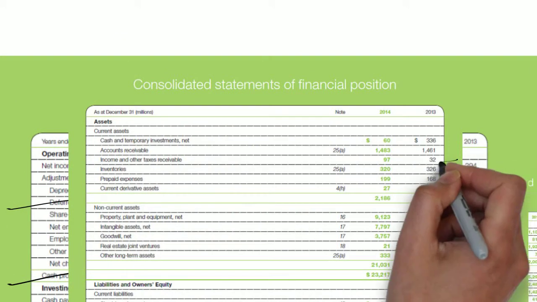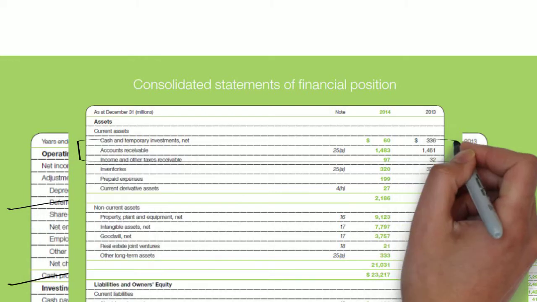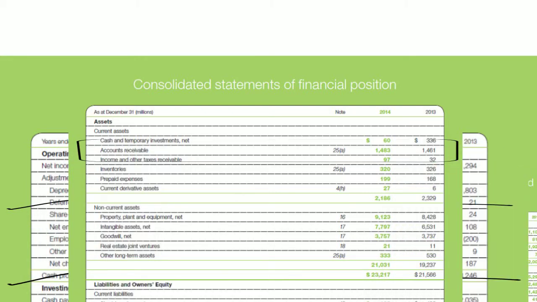So if accounts receivable has gone up year over year, that means that you've extended them more credit and taken in less cash. So if accounts receivable goes up year to year, well, that's a decrease in cash. But if your accounts receivable goes down year over year, then that means that you have been collecting more aggressively from your customers. And so therefore, you've generated more cash. That's a positive impact on cash.